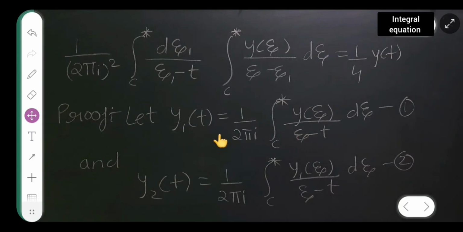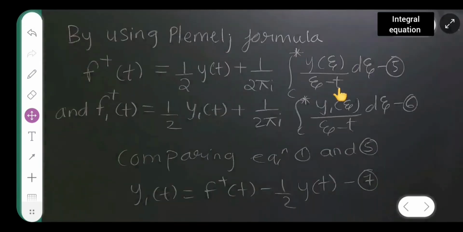Yeah, this one. So what is my y1 of t? Nothing but 1 upon 2 pi times this integral, okay? So that's what I have done. This part is my y1 of t; from equation 1 I got this, okay? I have to substitute that one in this.